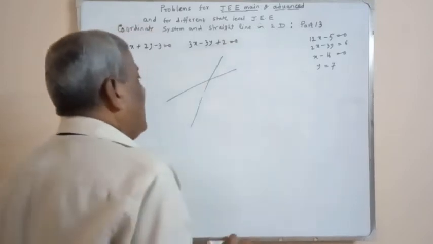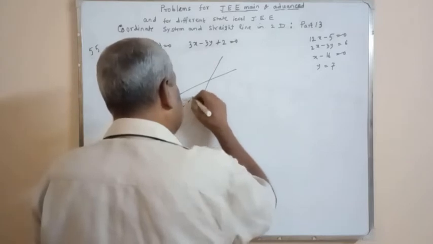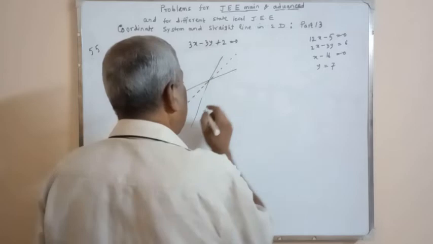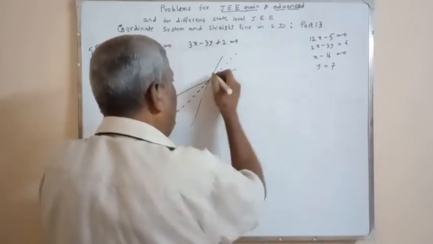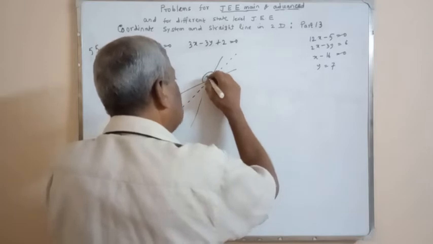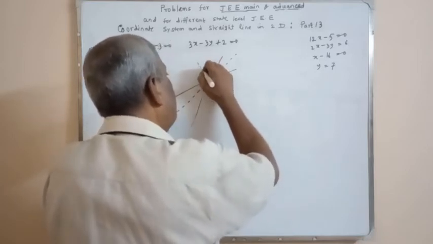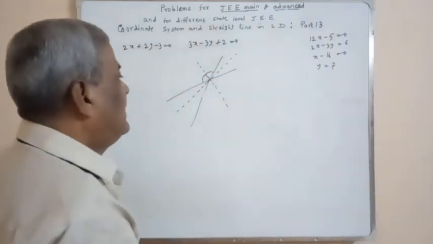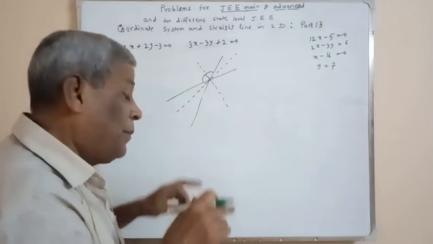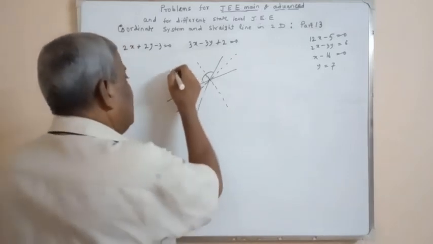So there are equations of bisectors, one for this angle, and the other for that angle. We have to find the bisector of the angle which contains the origin.